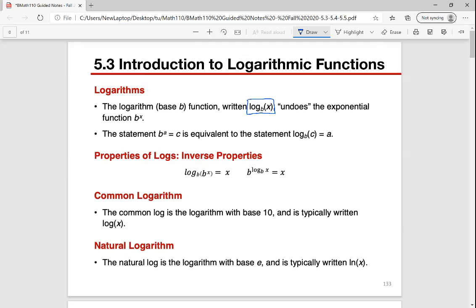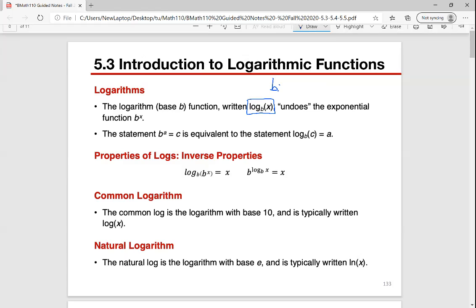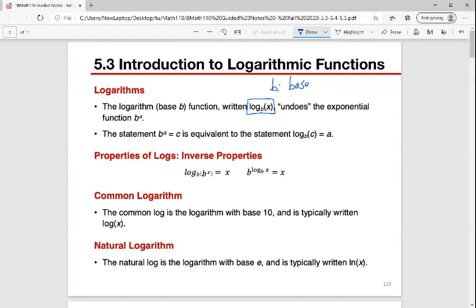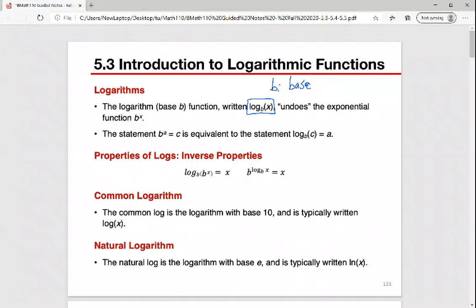In here, b is called the base, so it is kind of the same as the base of an exponential function. And the x in here is the argument inside of the log.